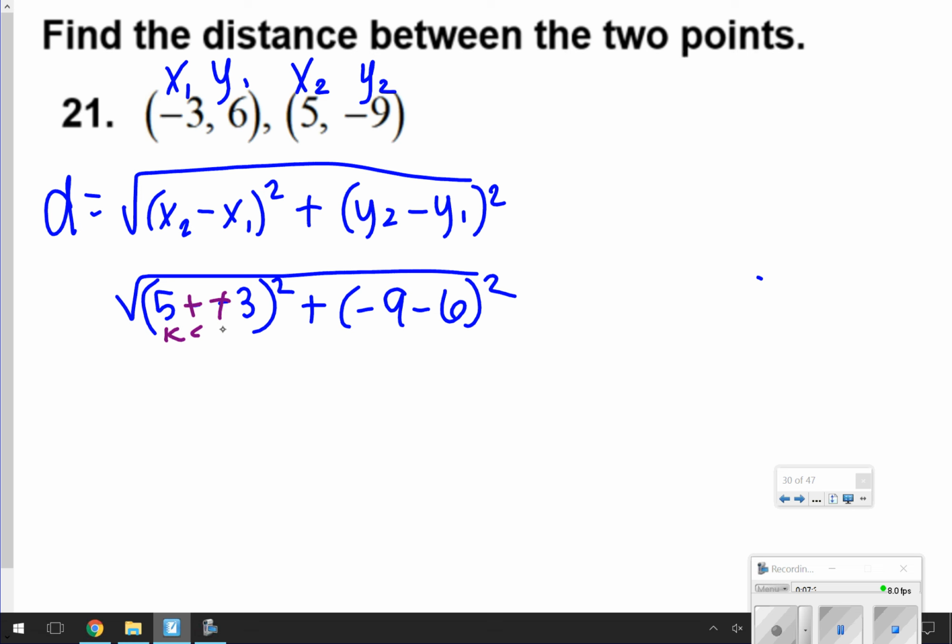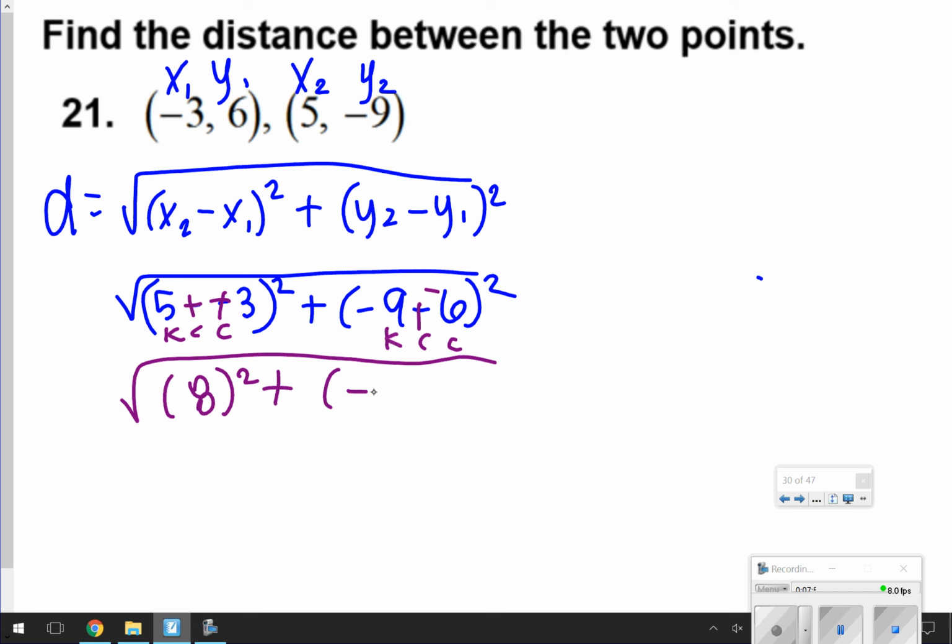Keep, change, change. Keeping the 5, changing subtraction to addition, changing negative 3 to positive 3. 5 plus positive 3 is going to be 8. The first one's going to be 8 squared. Over here, keep, change, change again. Keep negative 9, change minus to addition, change 6 to negative 6.